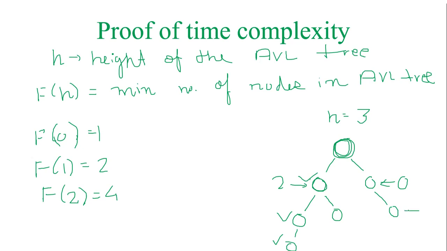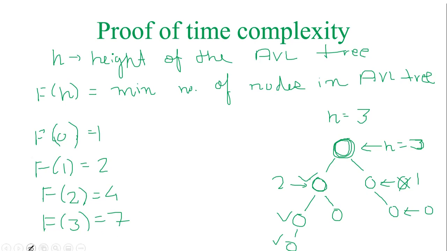So now the height of this node becomes 0 and the height of this node becomes 1. The modulus of the difference between the left and the right subtree is less than or equal to 1. In this case it is 1, and hence height is equal to 3, and it is a balanced AVL tree. The minimum number of nodes is 1, 2, 3, 4, 5, 6, 7. So f of 3 turns out to be 7.